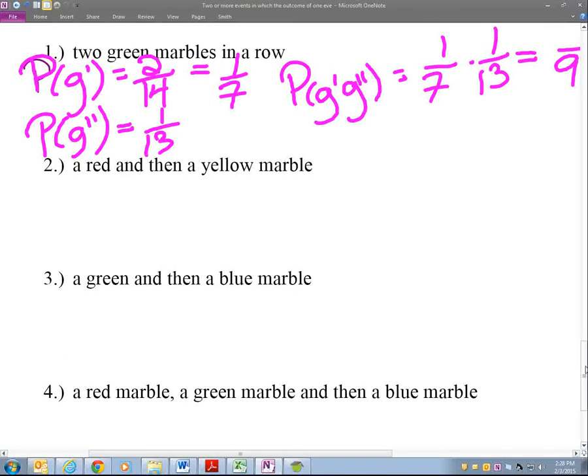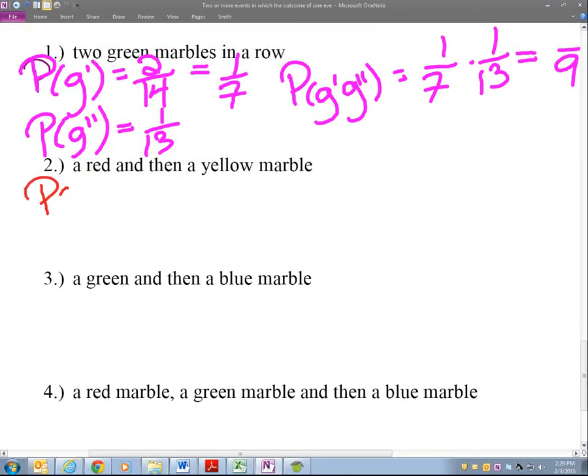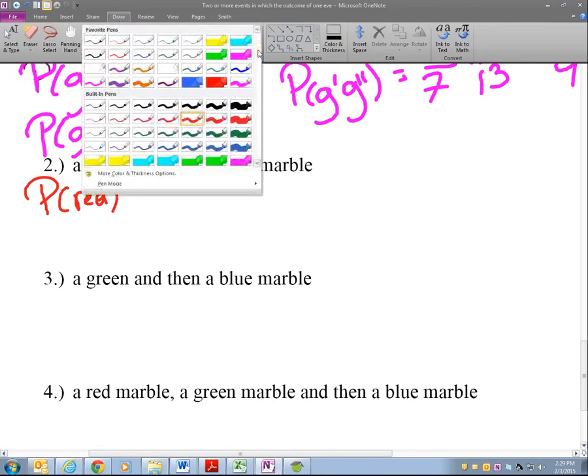Okay, let's do this one. How about a red and then a yellow? The probability of drawing a red and then drawing a yellow.